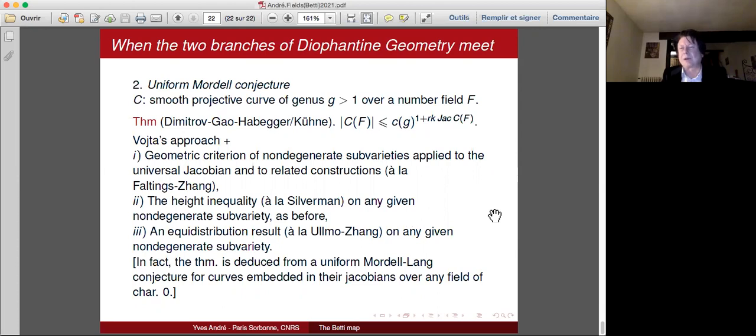So all in all, you see that the 3 ingredients use in a fundamental way the concept of non-degeneracy, which is defined in terms of the Betti map. In fact, I should say that the theorem of Dimitrov, Gao, Habegger, and Kühne is much stronger. They deduce it from a uniform Mordell-Lang conjecture for curves embedded in their Jacobians over any field of characteristic 0. So this has nothing to do with Q bar.